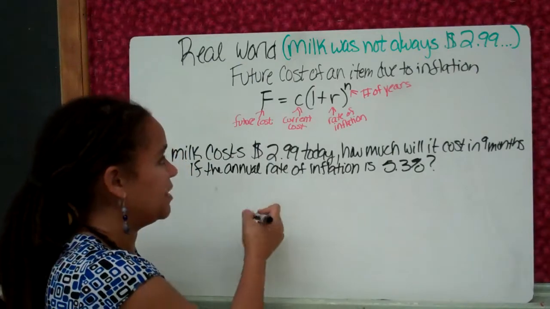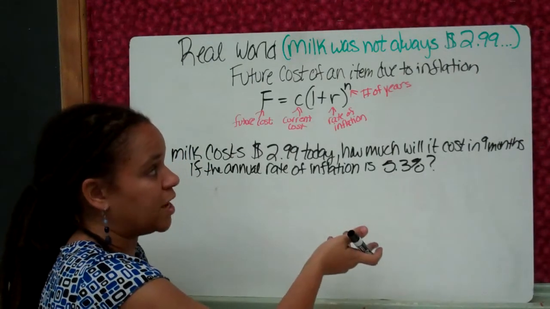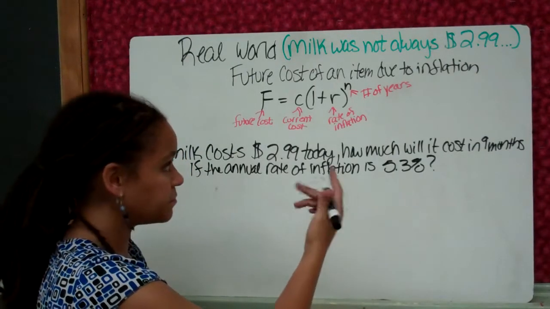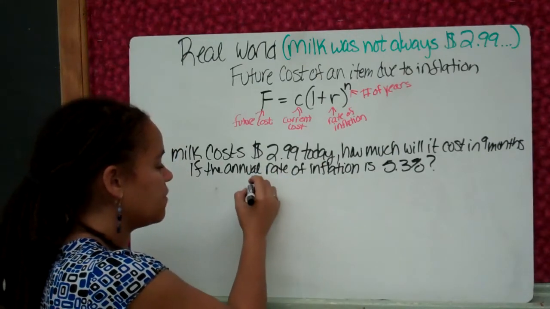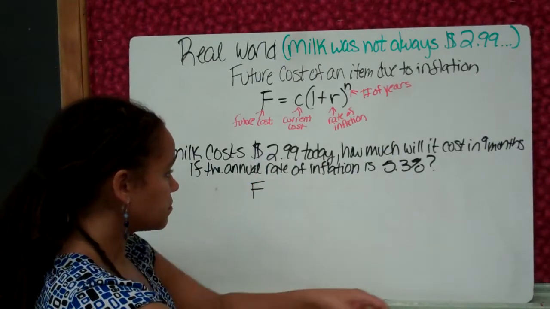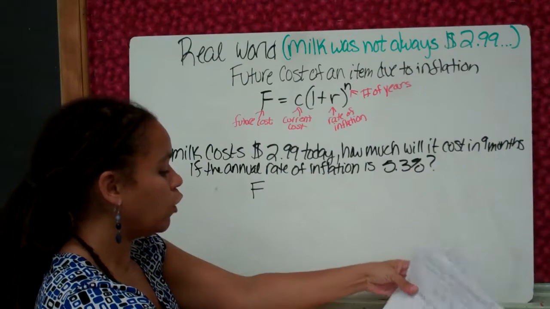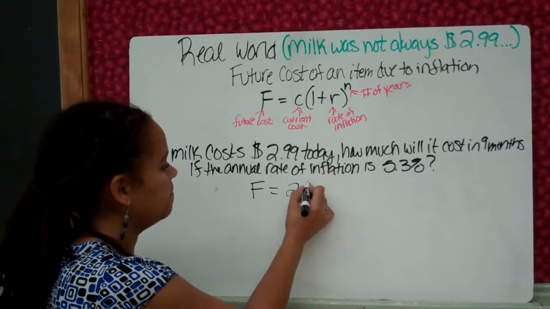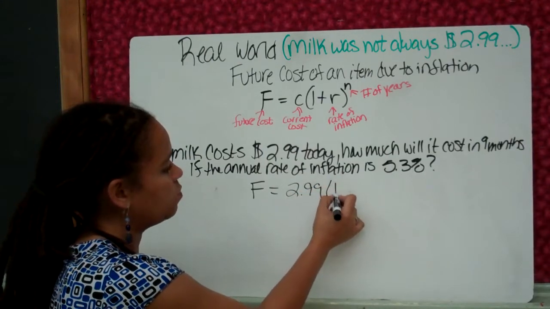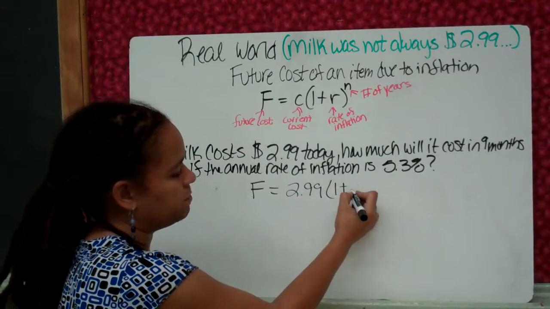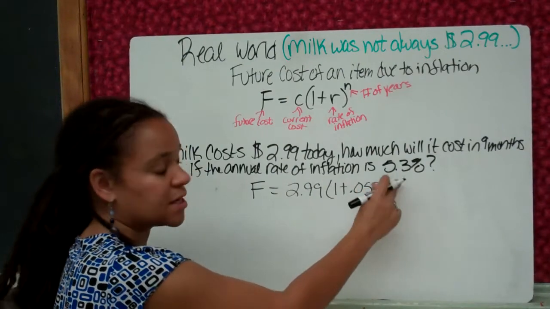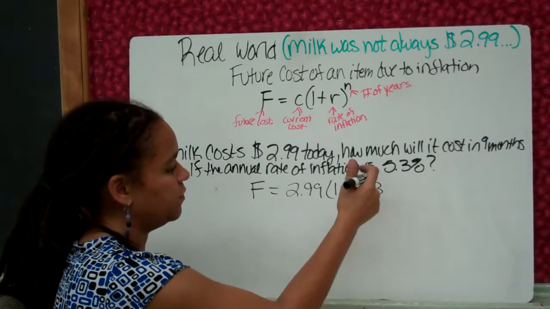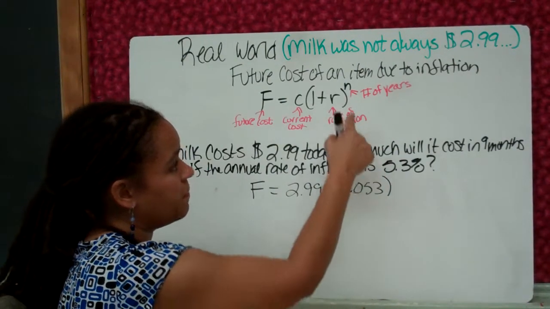Let's use our formula and see how a rational exponent actually comes into play in the real world. So the future cost of the item is equal to the current cost, which is $2.99, times 1 plus the rate, which is 0.053, because I turned it into a decimal, moved it 2 to the left, to the power of years.